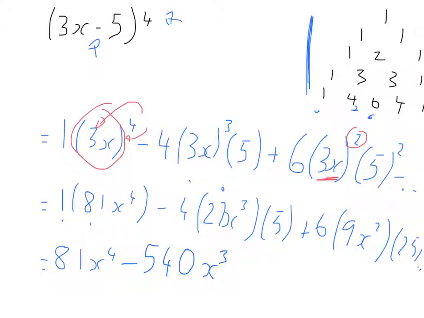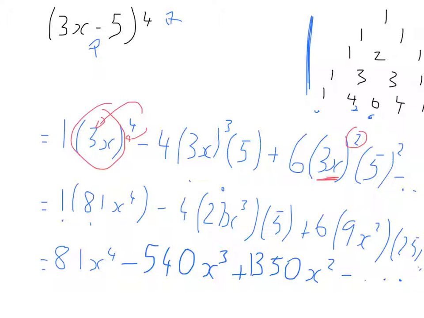Then the next term is 6 times 9 times 25, which is equal to 1350. So I'd write 1350 x squared minus, and then again the dot, dot, dot says it continues, but we don't need to worry about it.